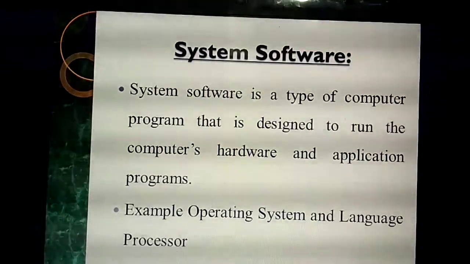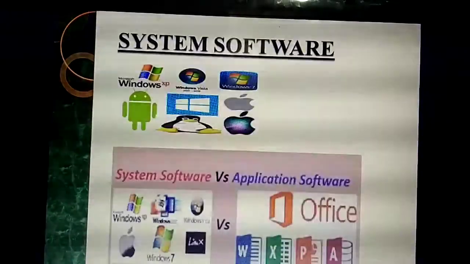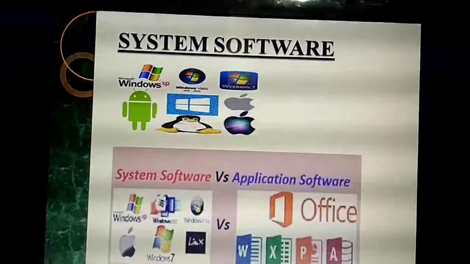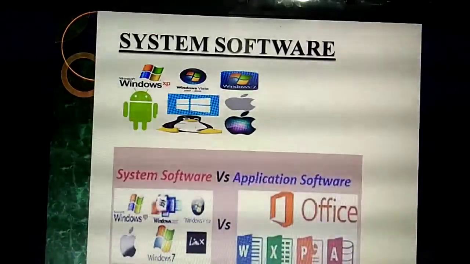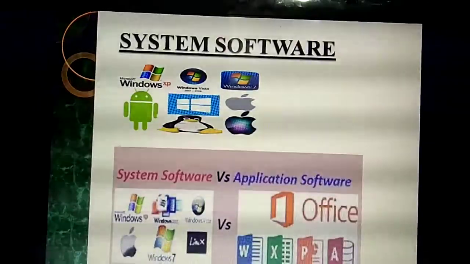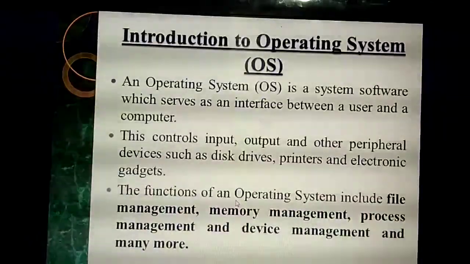What's the main software needed to run the particular application properly? Operating system. Some examples I showed: Windows and Linux are examples of OS. This is the difference between system software and application software.